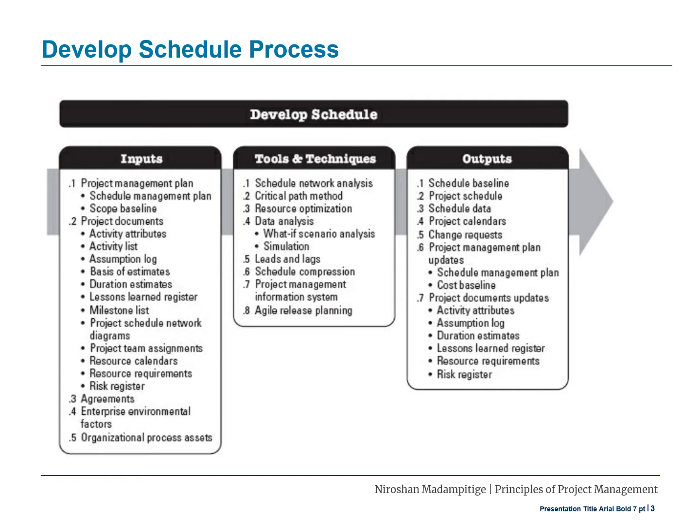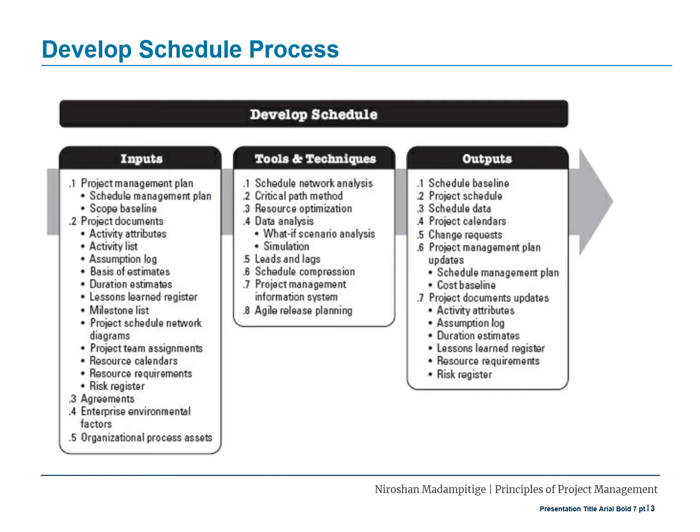Develop schedule process has many inputs to be considered. Some of these inputs include project management plan. In terms of project management plan, particularly two plans, that is schedule management plan and scope baseline.